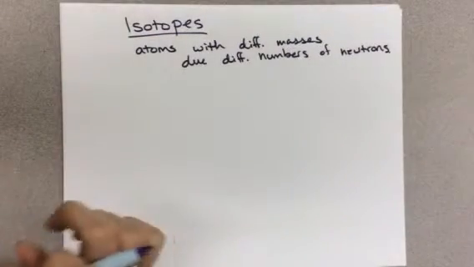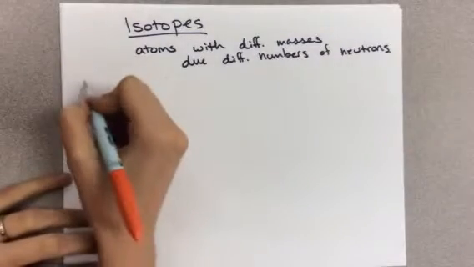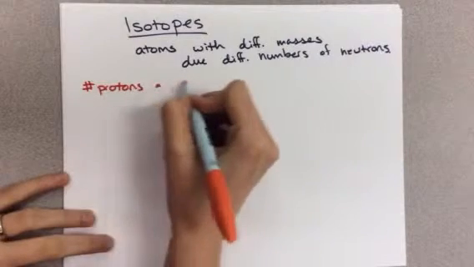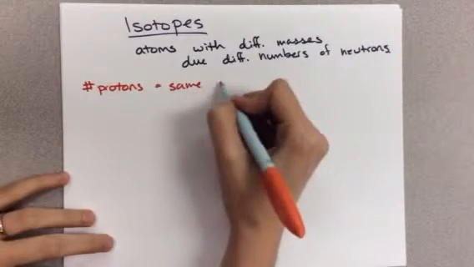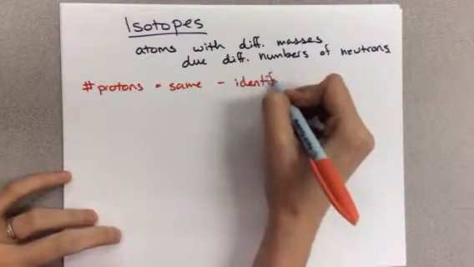Okay, so anytime you see isotopes, you need to remember that it's the number of neutrons that is different. The number of protons must always stay the same because that identifies the atom or the element.